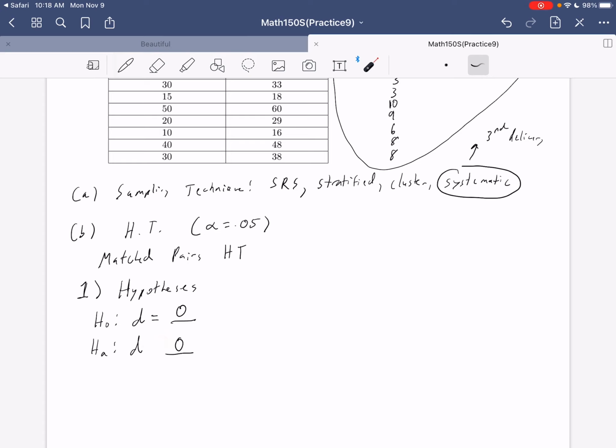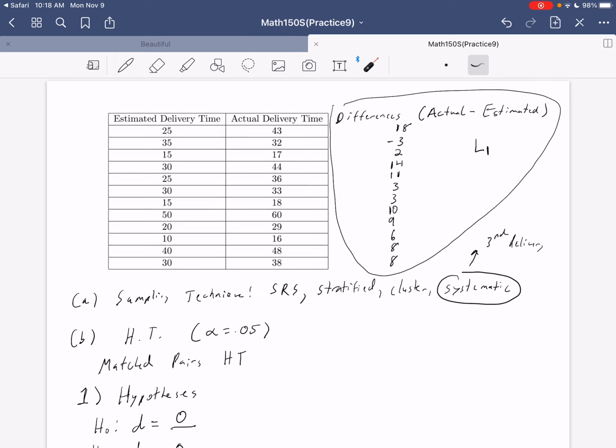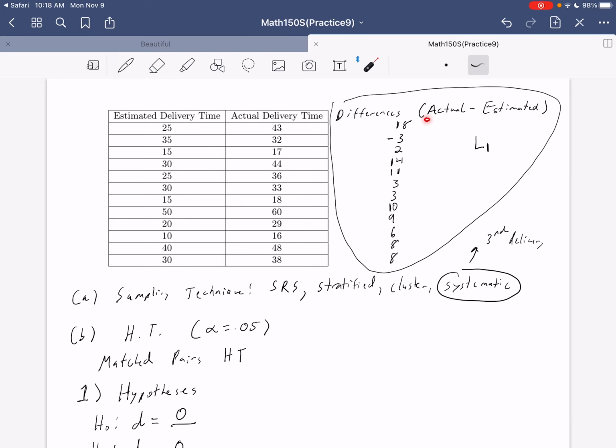The way we choose the alternate in matched pairs is based on how we calculate the differences. Notice we did the actual minus the estimated. So if the estimated is going to be lower, these differences are supposed to be positive, because we're claiming that the estimated is smaller than the actual.